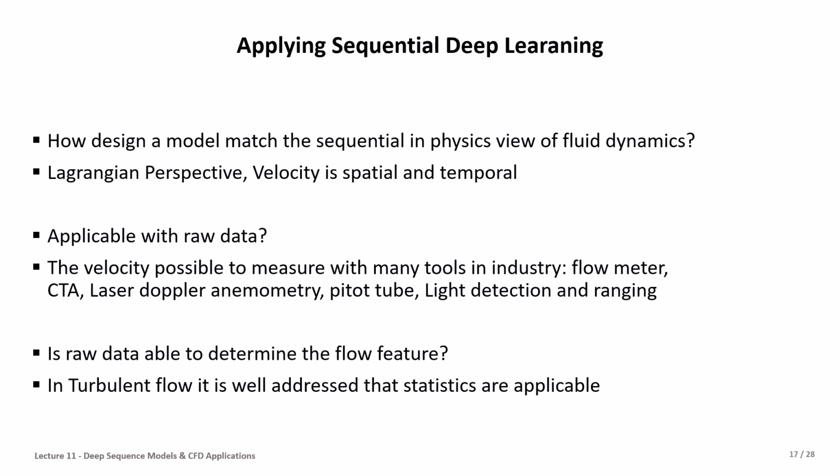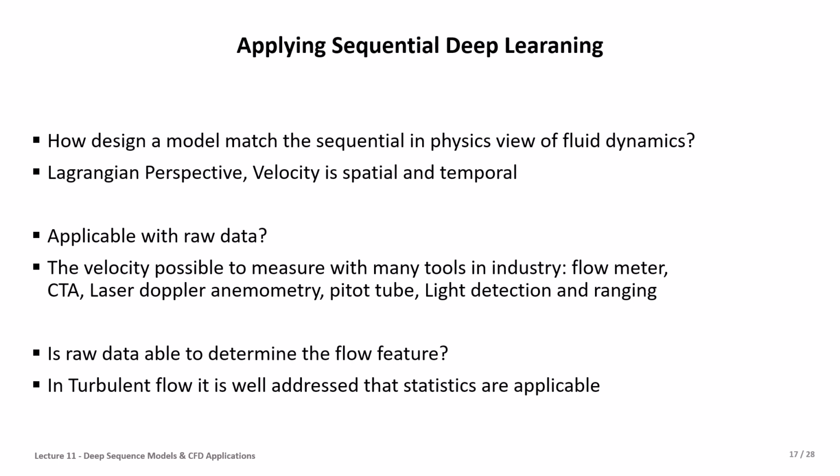We have the CTA, the constant temperature anemometer, also called hot wire in the same application, laser Doppler anemometer, pitot tube, and light detection and imaging. These are different measurements that could be used with different devices. However, from a different view, we can make the setup between the deep learning data and the data that are measured.